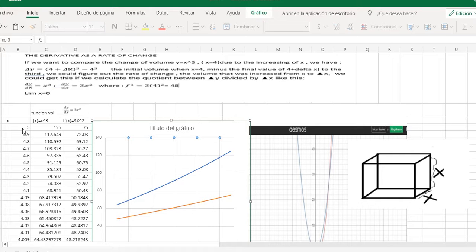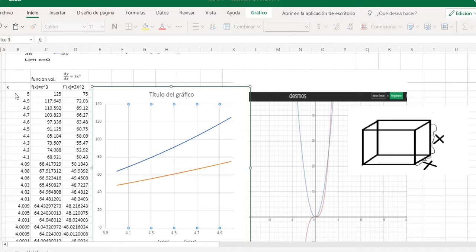So we can calculate with this sheet of Excel, and just set up the numbers here.